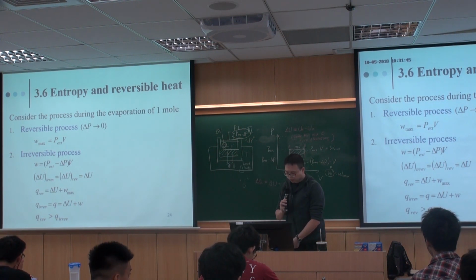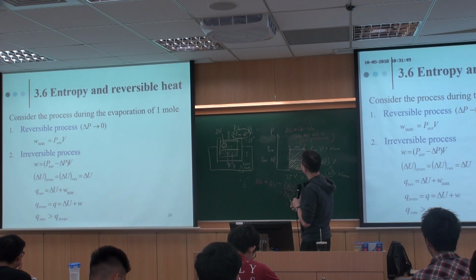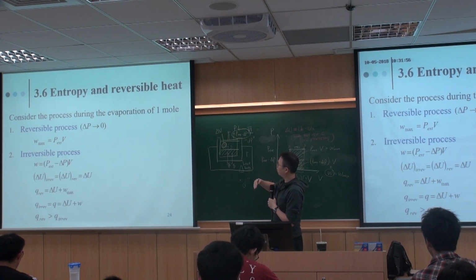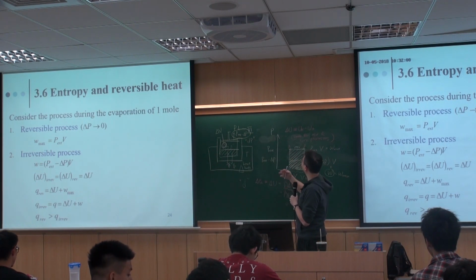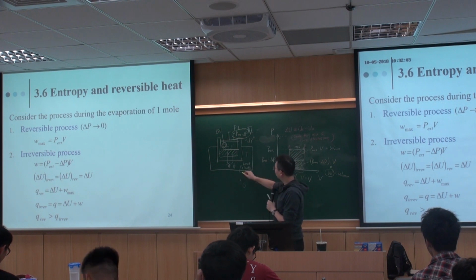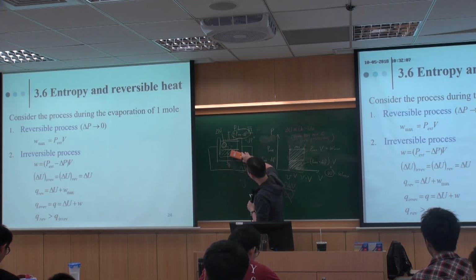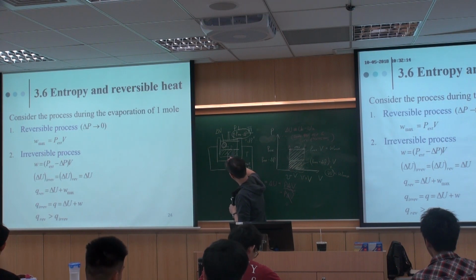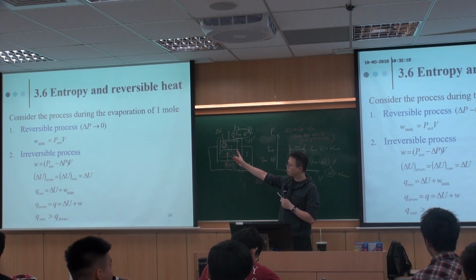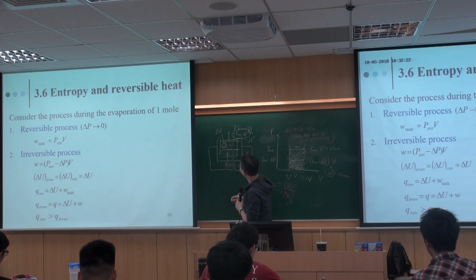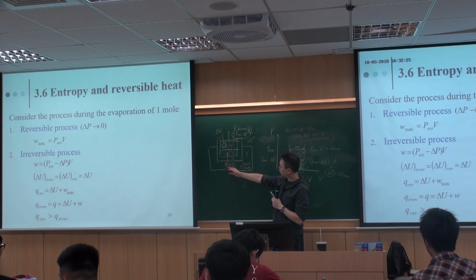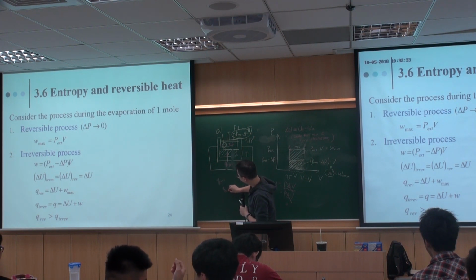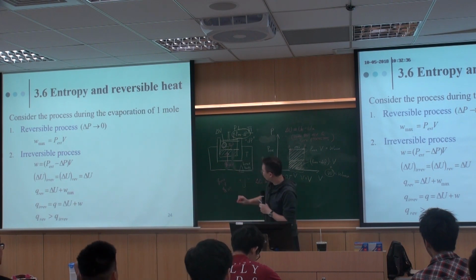It means that going through the same process, evolving from the same state A to state B, if you go through the reversible process, the heat that you absorb for the same change of delta U is greater than for the irreversible process.